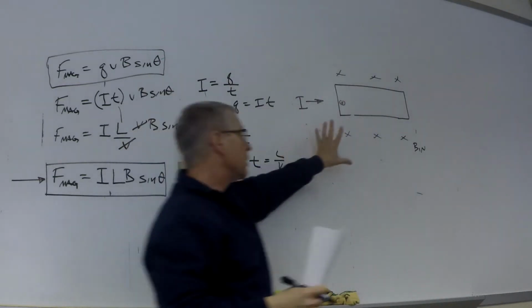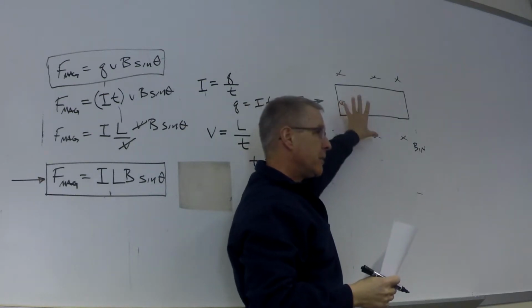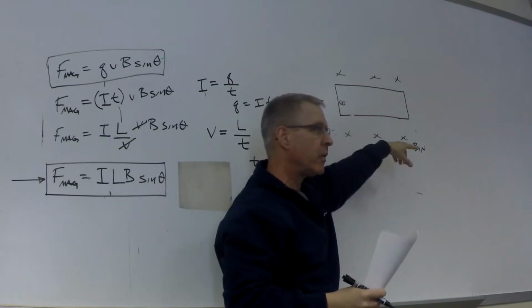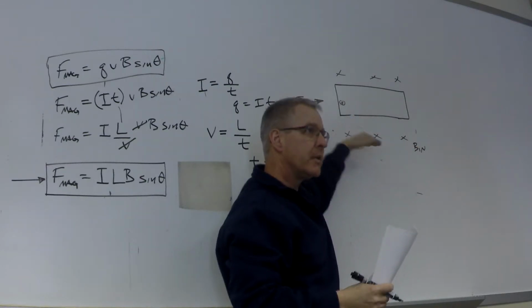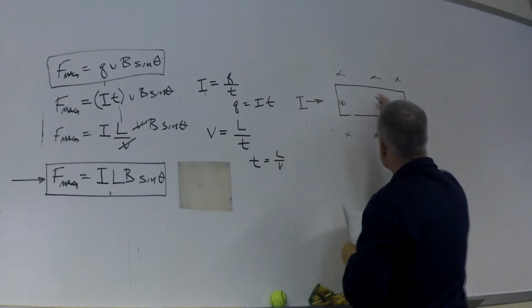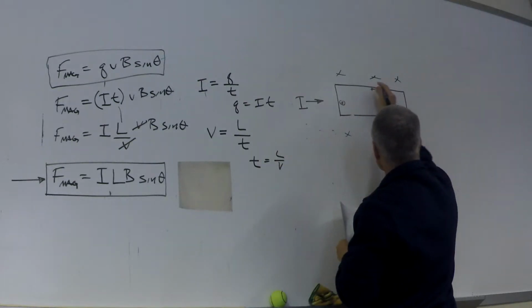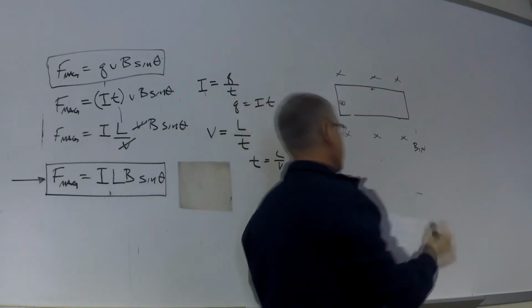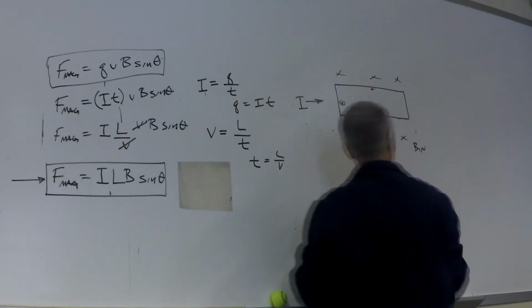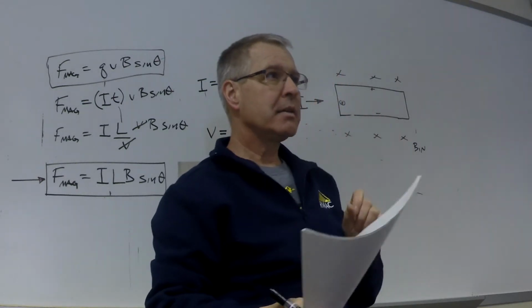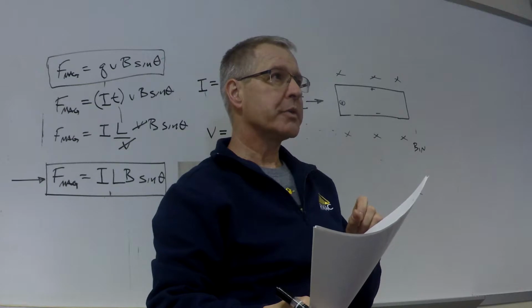Once that positive charge enters the magnetic field, what's it going to do? So we're going to keep it moving that way, but what's it going to do? There's a magnetic force on it up, so it ends up here. Put him right here as he scoots across. By the way, that means there's a net negative charge down here, which means we've got just a slight electric field built up in our little strip.